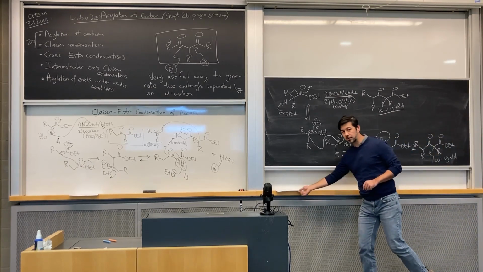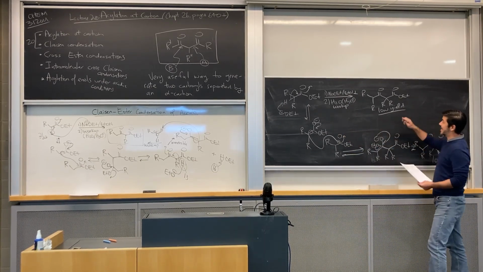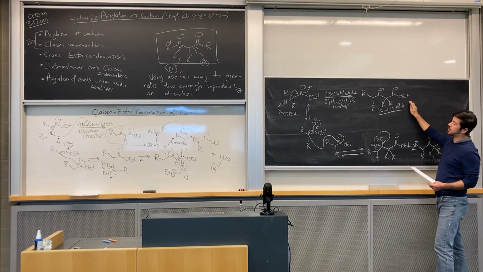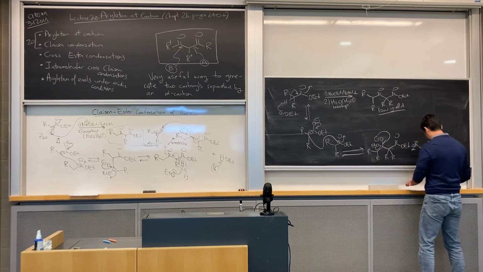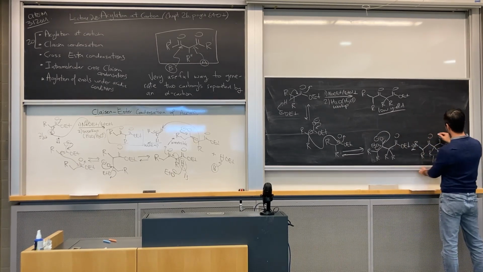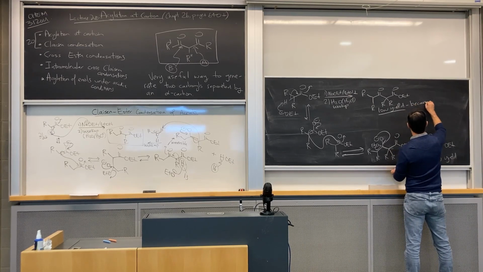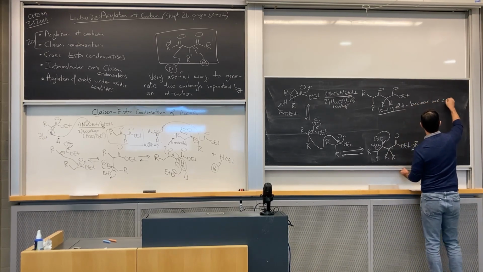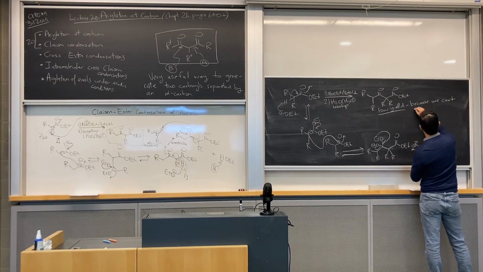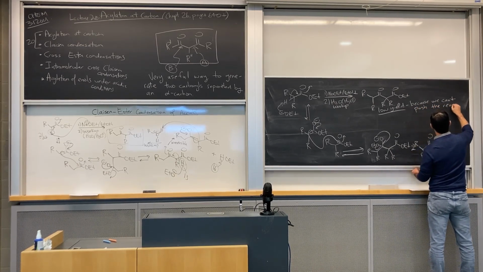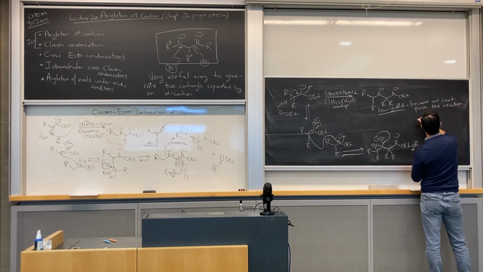How can we solve that problem? What if this actually is what you need to make, and you need to make that in high yield? How could you do that? I'll just write, because we can't push the reaction with a final irreversible step.